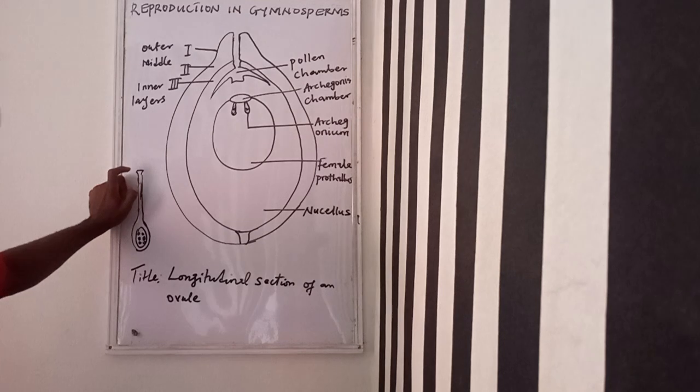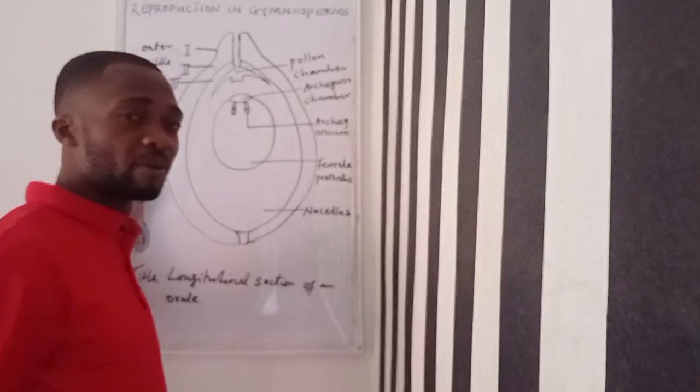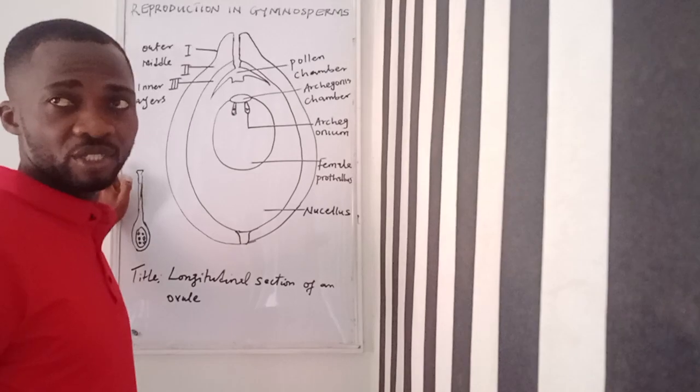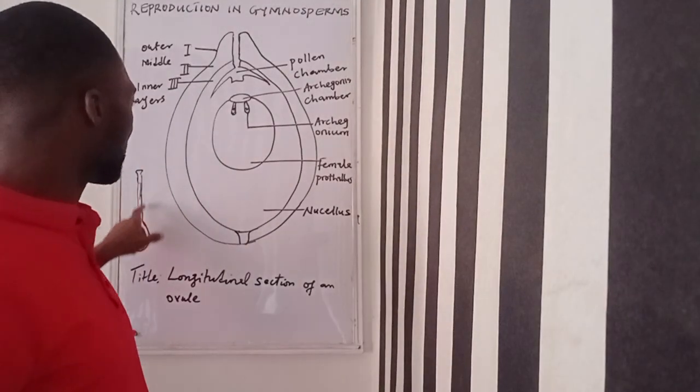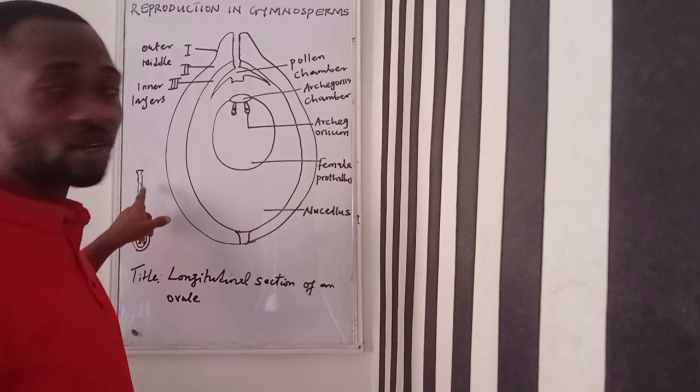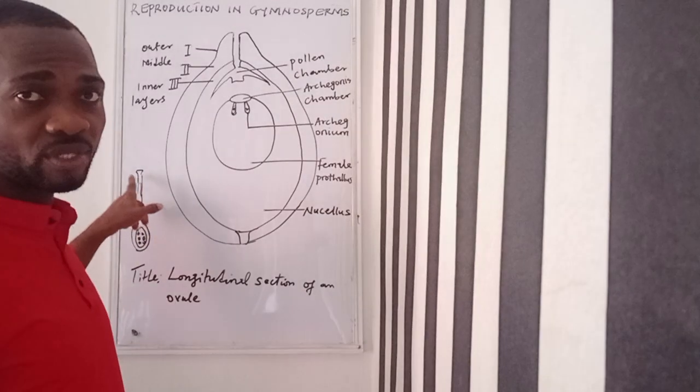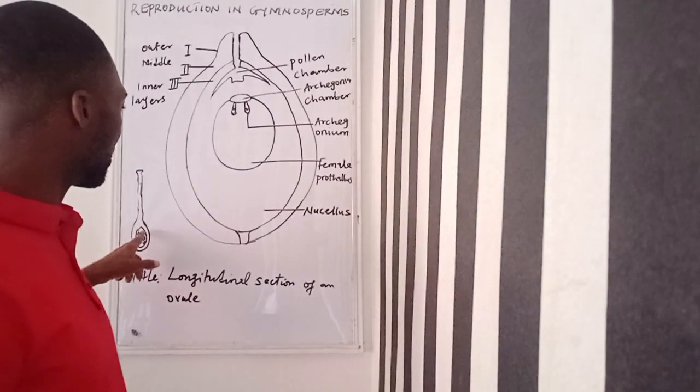This first part of the carpel, of course, the female part of the flower is called a carpel, and a collection of carpels is called the gynoecium. So this is the stigma, and this is a tube, the style, that connects the stigma and the ovary.